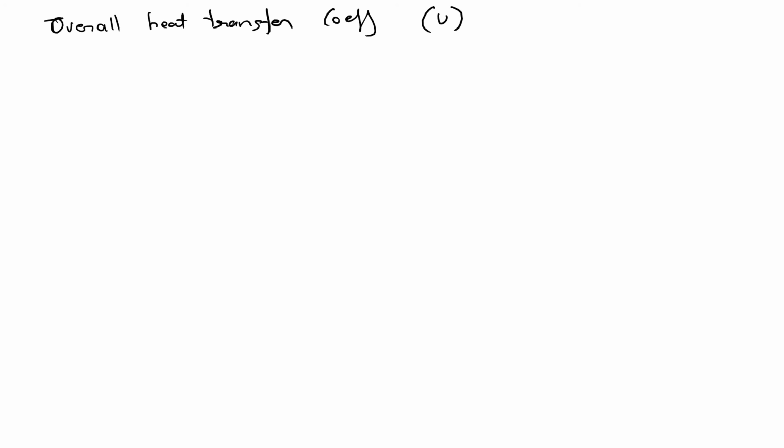So if you remember, for the composite system that we just solved, our Qx was delta T upon R total, right? So we defined U as 1 upon R total into A, right?